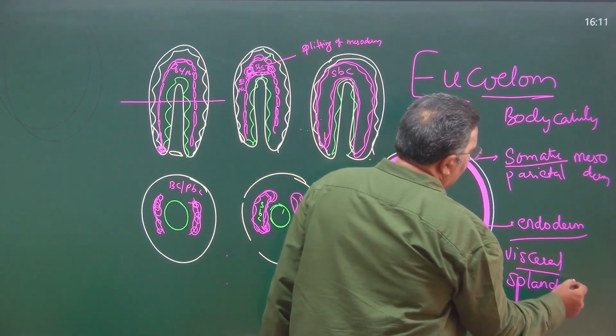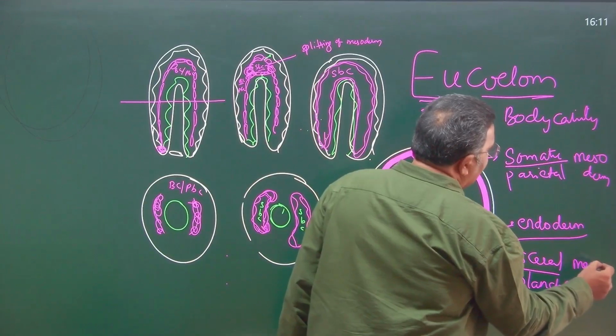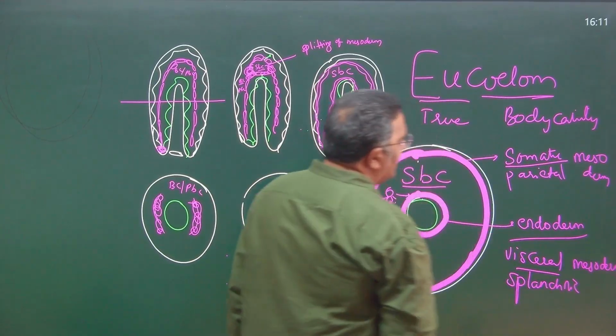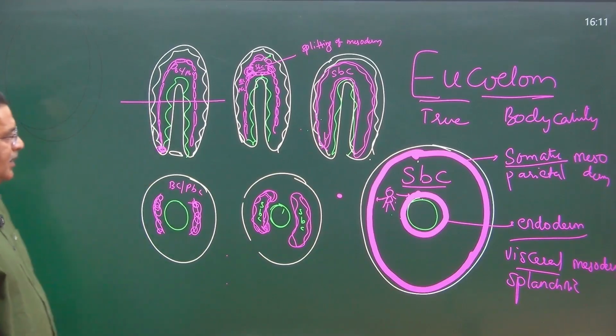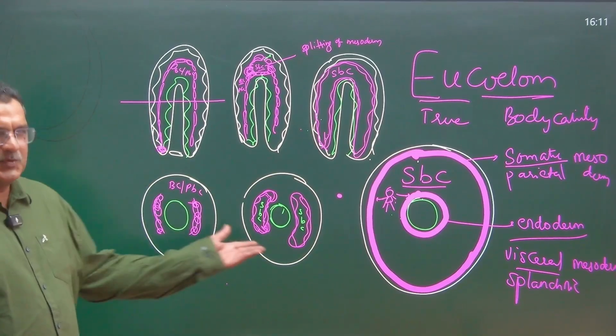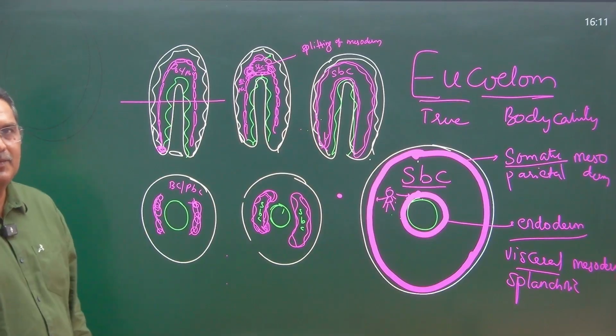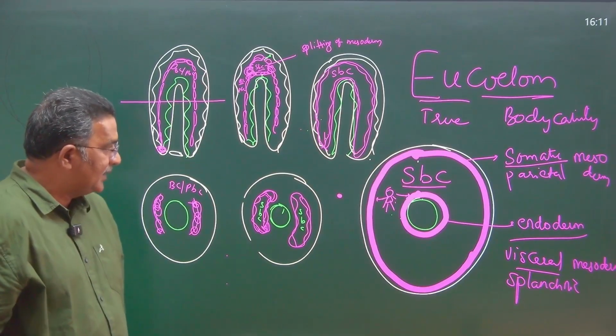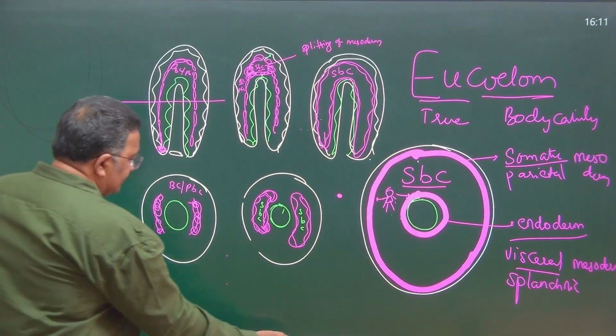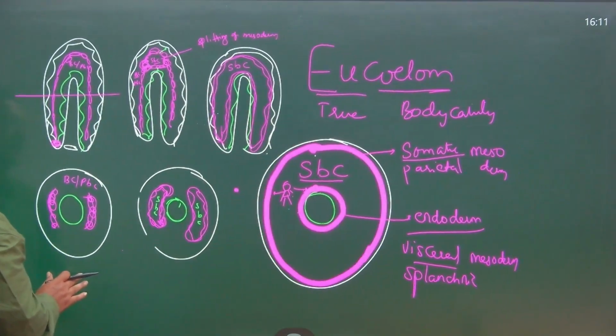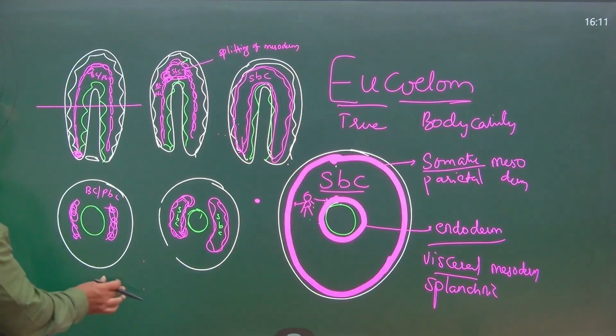The word splanchnic is not there in NCERT, but some options in previous examinations have that kind of words, that's why I have to say. So this is the story.